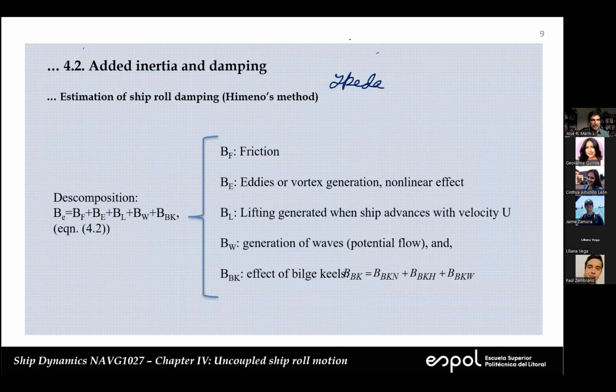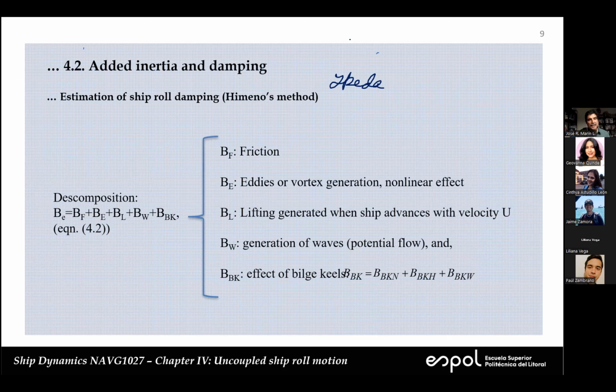It is due to friction. Makes sense, right? But also, there are some eddies which are generated, and these eddies are dissipation of energy. Then there is lift. And lift is generated when the ship advances with a certain velocity. When there is no velocity, this component doesn't appear.